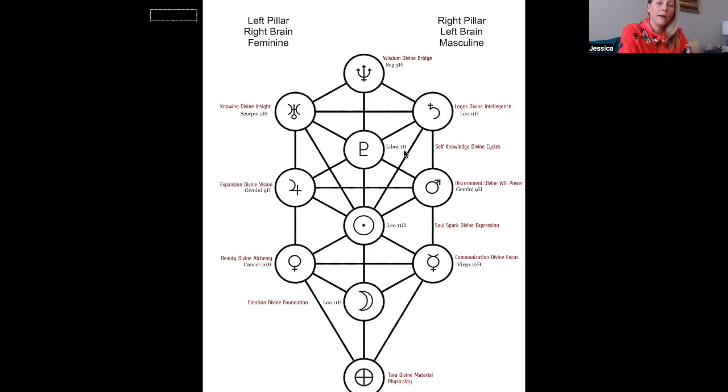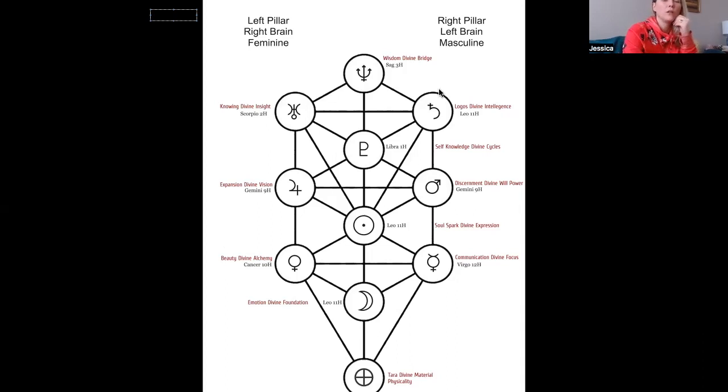So when I read people's charts, I use this map to see where the lessons are coming in for them. And I'm sharing it because I found it very, very insightful and very helpful. Just to understand the self and then be like, okay, this is the higher octave, this is the lower octave of this lesson.